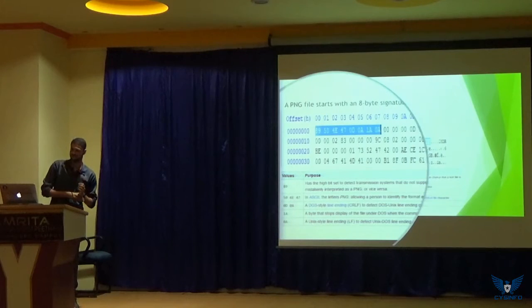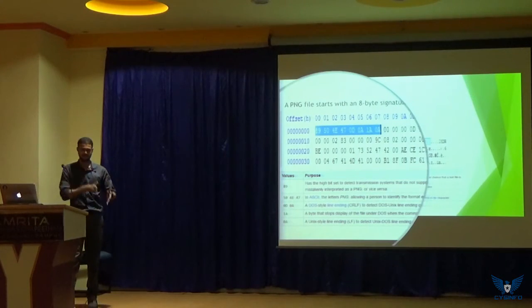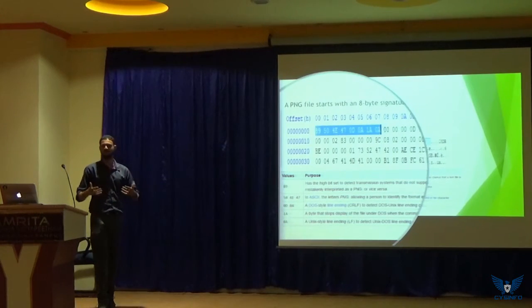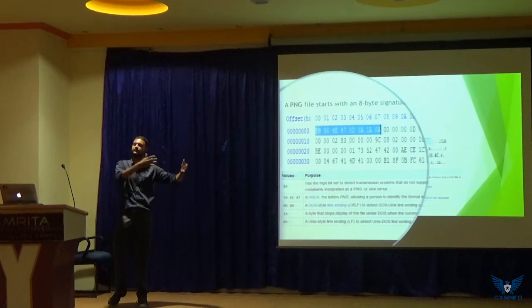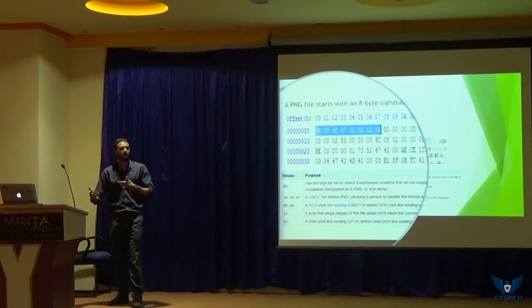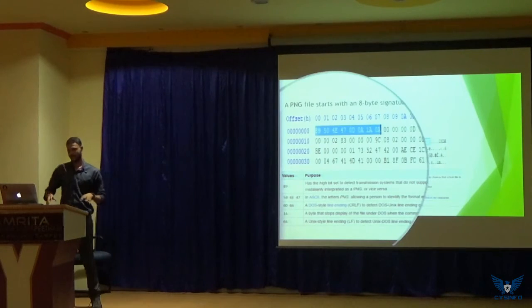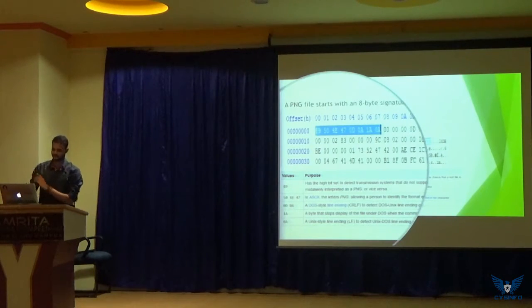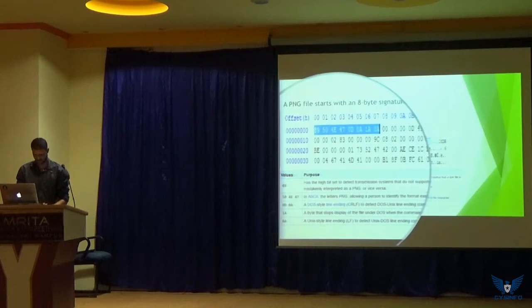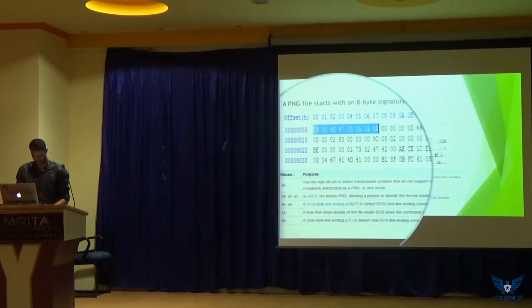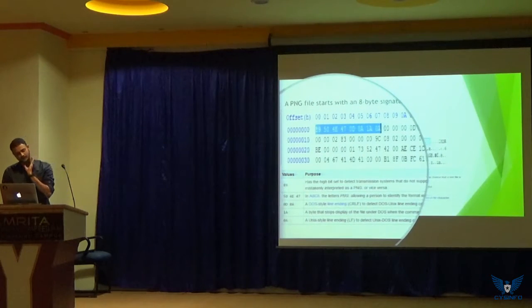So this is the header of a PNG, right? Every file has a header; without a header we cannot identify the file format of a particular file. So this is the format of the header.